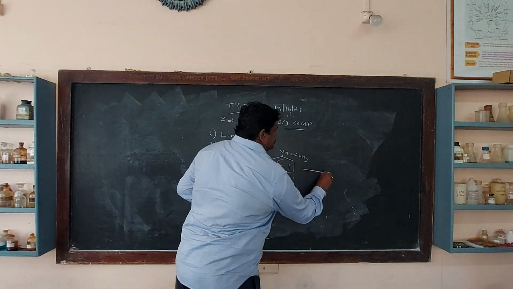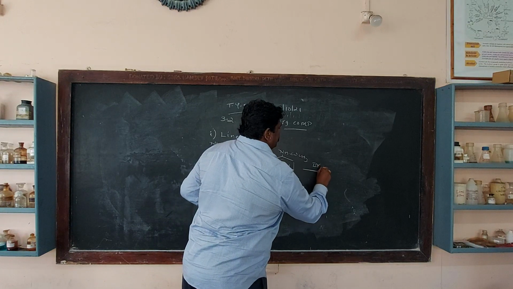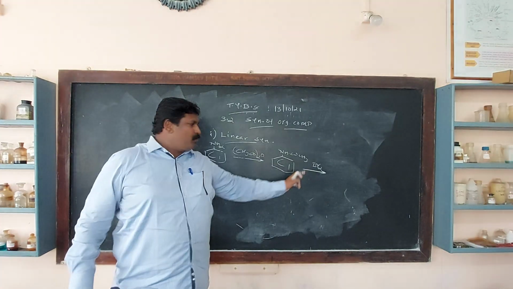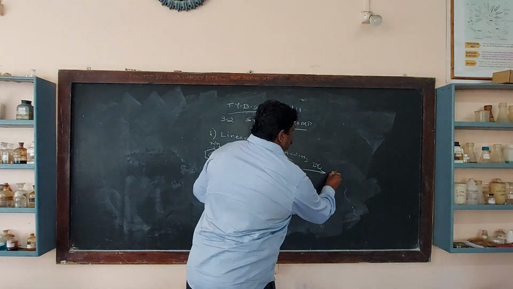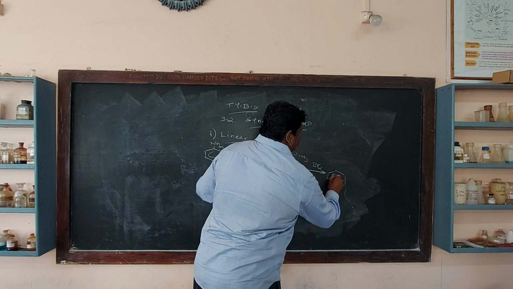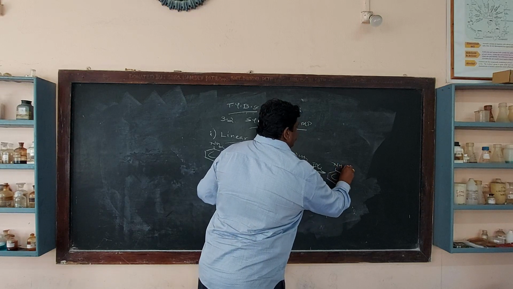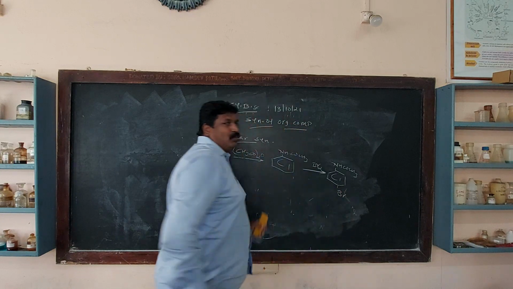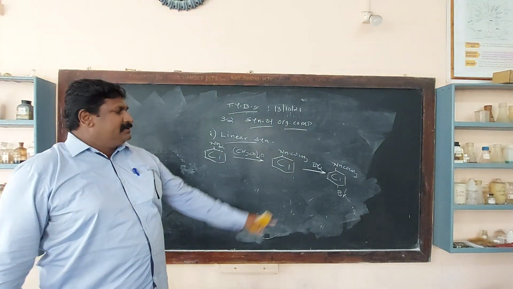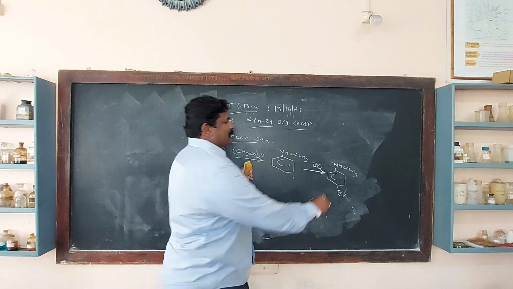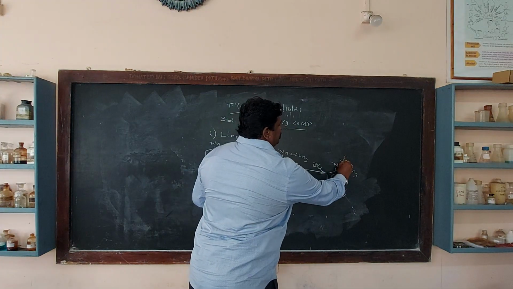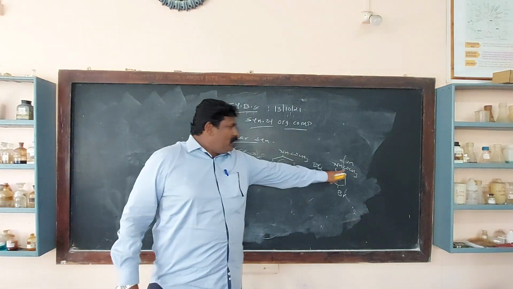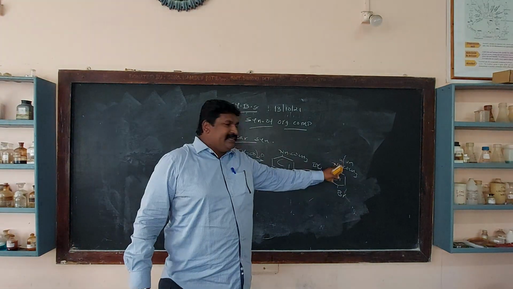Secondly, bromination, introduction of a bromo group, so NHCOCH3, introduction of bromo to the para position, and finally hydrolysis, addition of H2O, removal of acetic acid and this NH2.